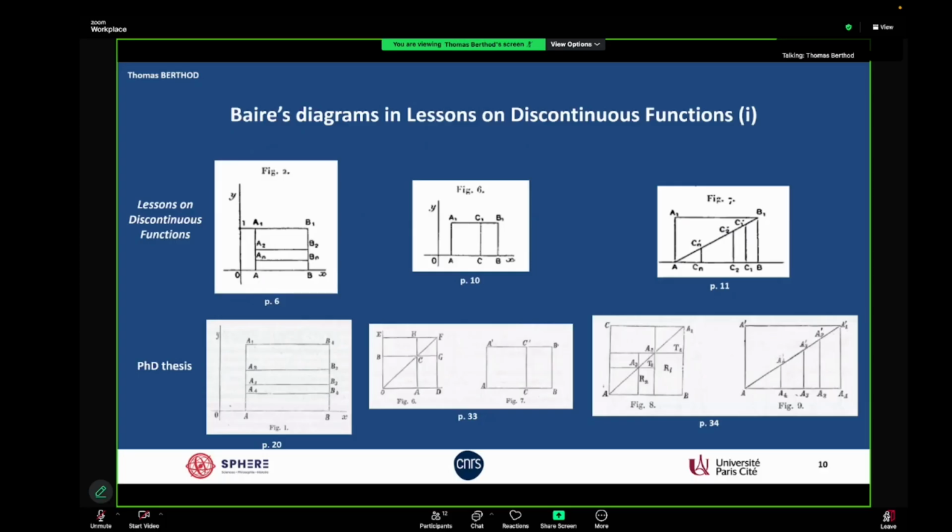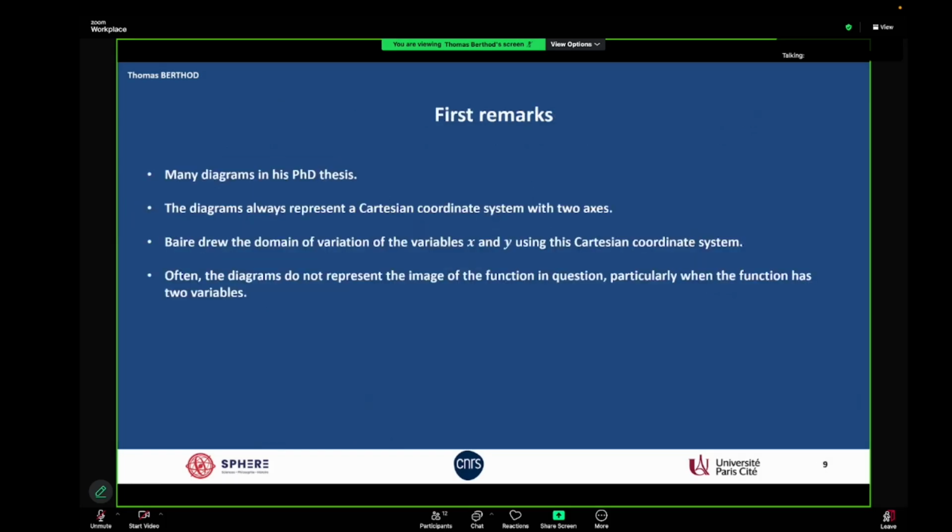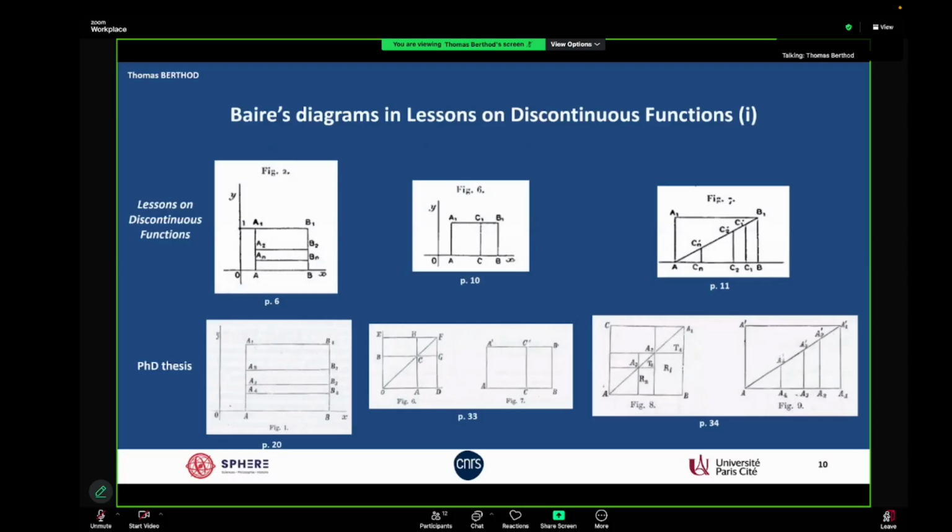Another important point is that some of these diagrams also appeared in another work of Baire, his Leçons sur les fonctions discontinues. You could see here on the first line the diagrams in his lessons, and at the bottom the corresponding diagrams in his PhD thesis.